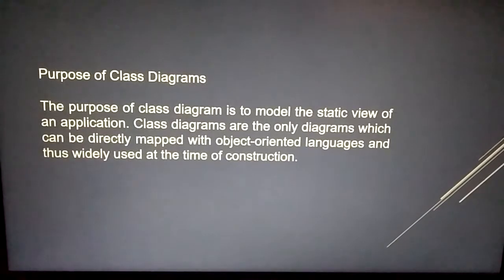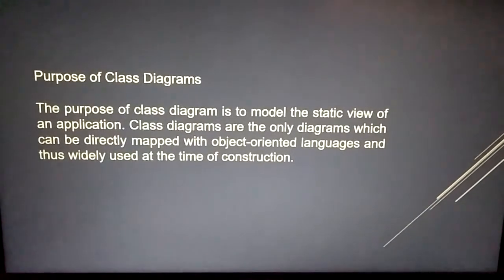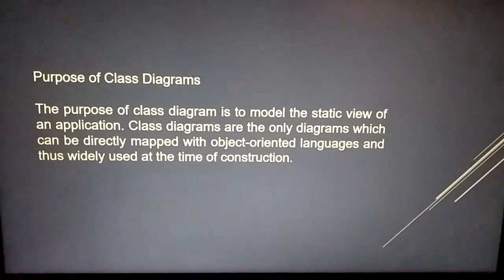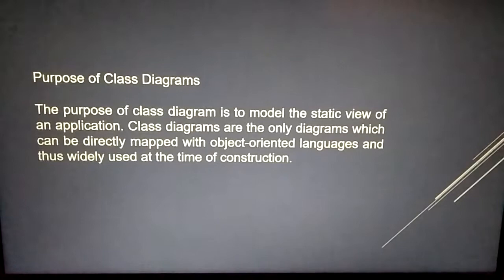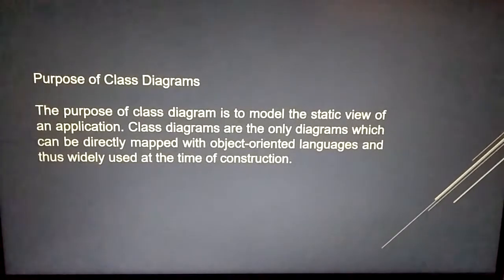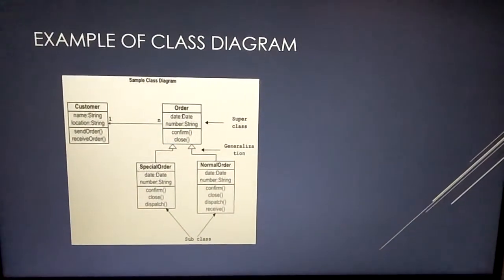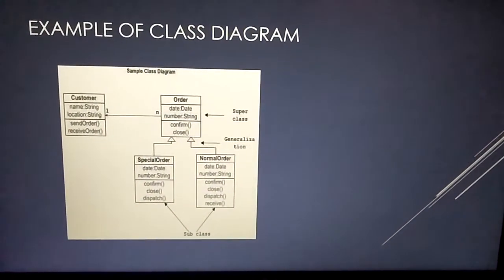The purpose of class diagram is to model the static view of an application. Class diagrams are the only diagrams which can be directly mapped with object-oriented languages and thus widely used at the time of construction. Here's a sample of class diagram.